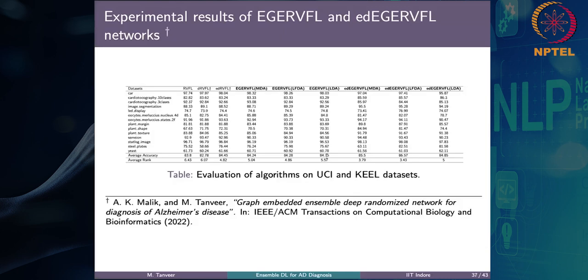To move ahead, we also have done some experiments on UCI and KEEL data sets. Since our work was focused on Alzheimer disease data sets, we have also added benchmark data, some UCI and KEEL data sets, just to show the efficiency of the proposed approach.